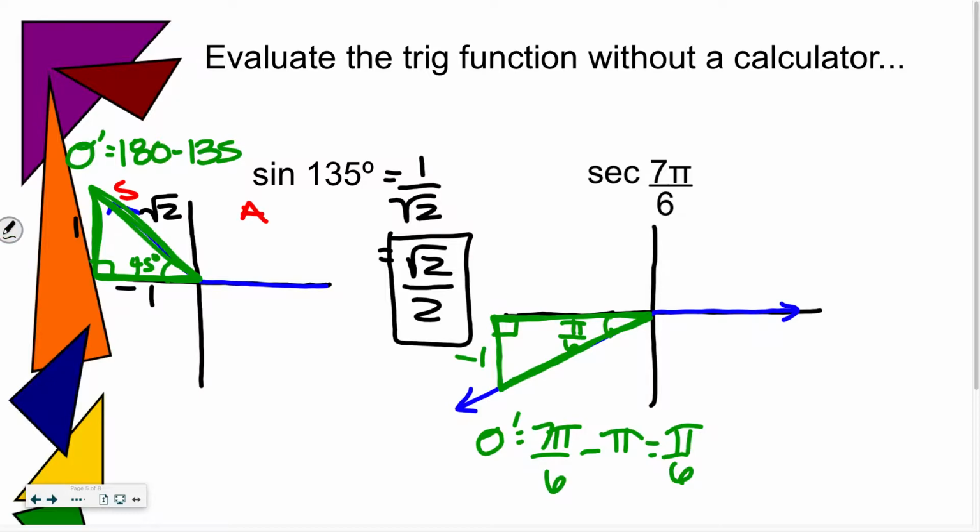Look at the picture. It's going down 1. What's the other leg of the 30, 60, 90, the longer leg? Square root 3. And this is negative square root 3. And what's our hypotenuse in 30, 60, 90? 2. And this is radius, so it's always positive.